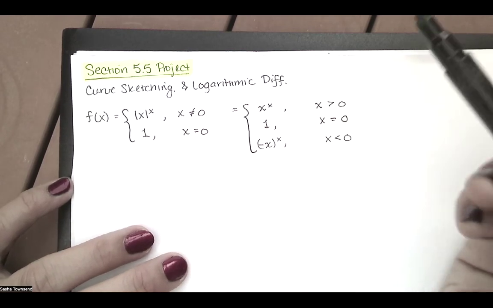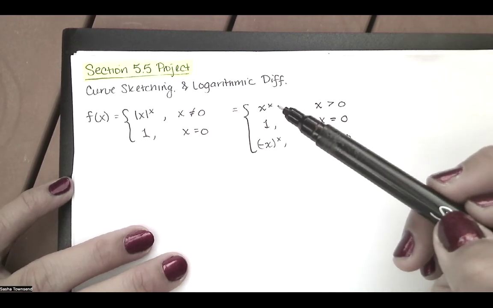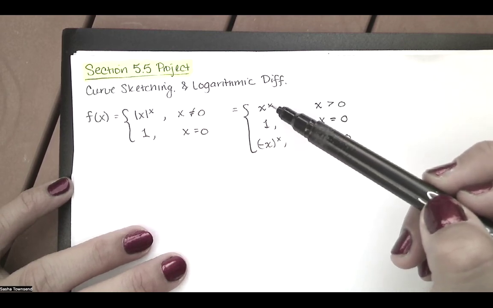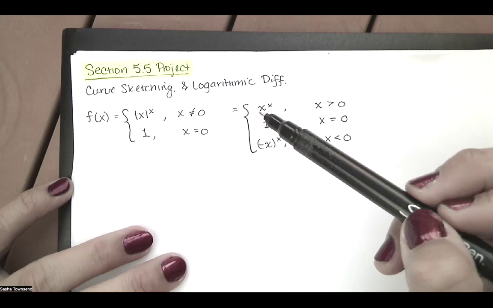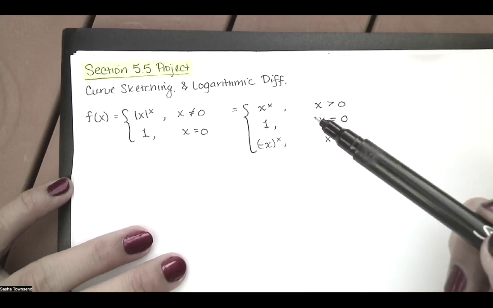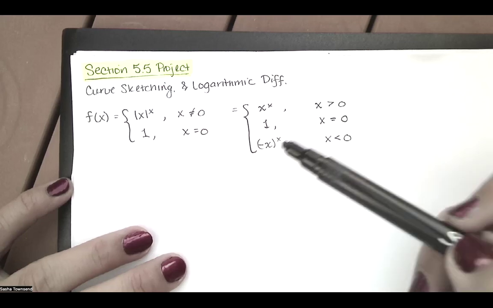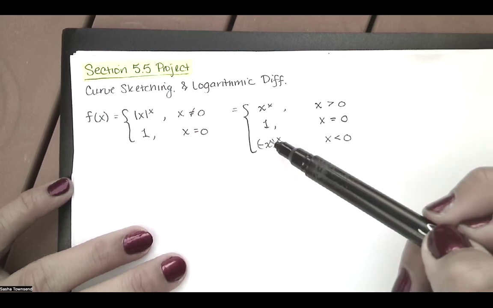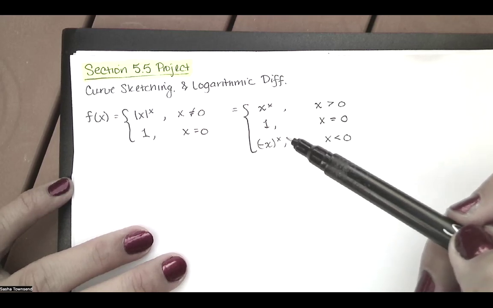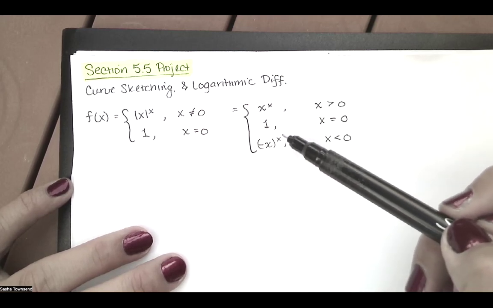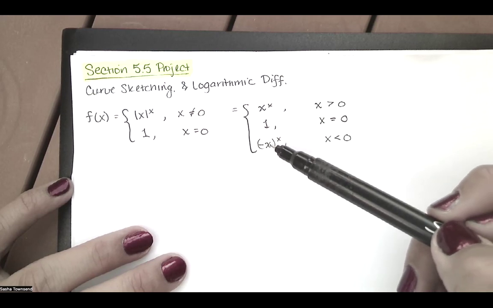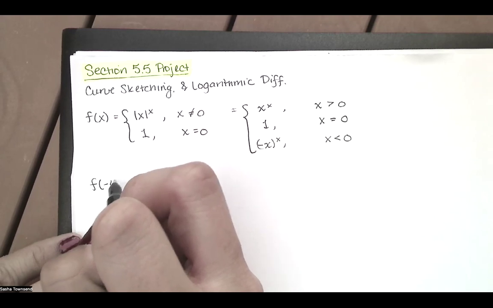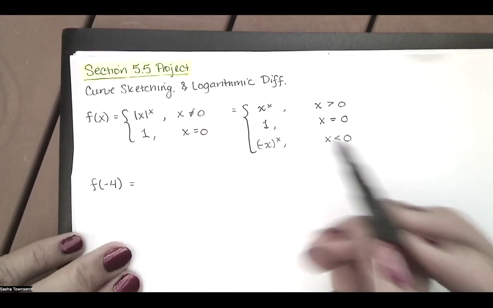So with this in mind, I would expect this function to be continuous. I've just got a positive number raised to a positive power here, and the base and the exponent are the same for all positive numbers. And then here, where x is a negative number, I've got a positive number raised to the opposite power. For example, if x is, say, -4, we'd be on this branch, right?